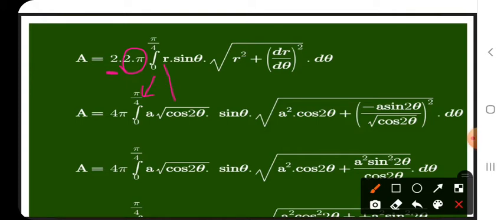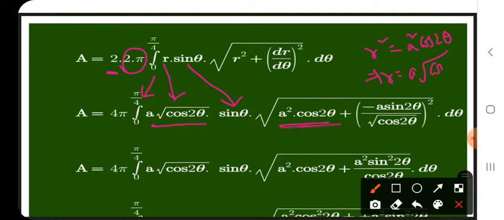What is r? r square is our given equation, a square cos 2 theta, so r is A root cos 2 theta. Instead of r, I write A root cos 2 theta, and sin theta the same. Root of r square is a square cos 2 theta, and dr by d theta is minus A sin 2 theta by root cos 2 theta, whole square d theta.